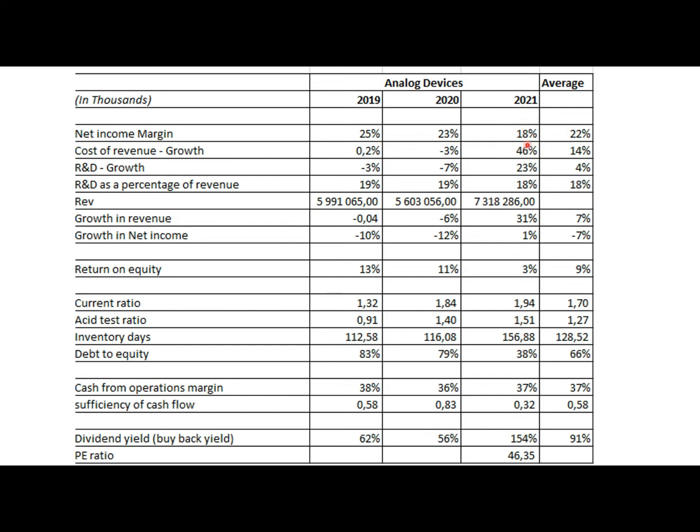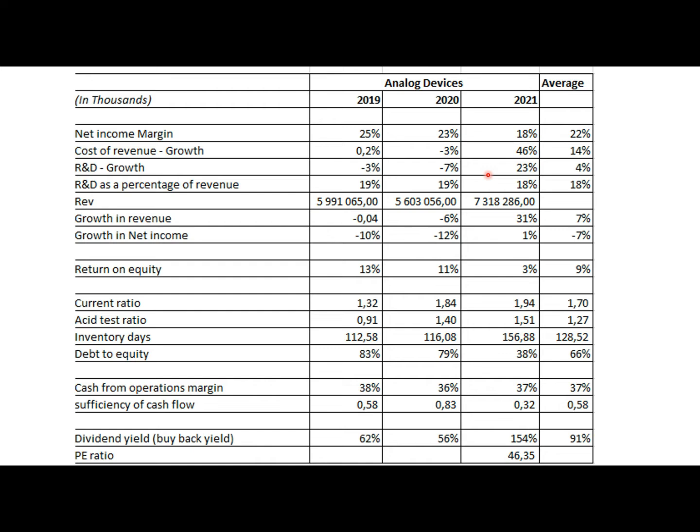That can predominantly be blamed on COVID to a degree as well as the explosion in costs. Now, R&D as a percentage of revenue has more or less remained below the industry average, but it has remained consistent.